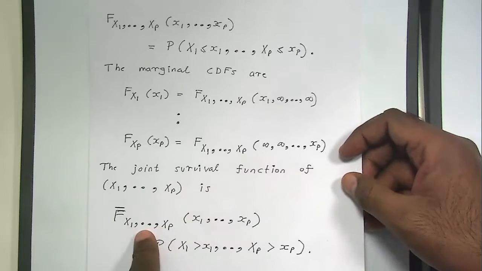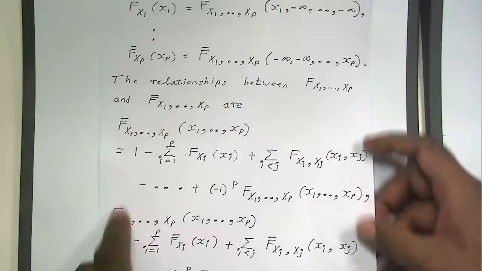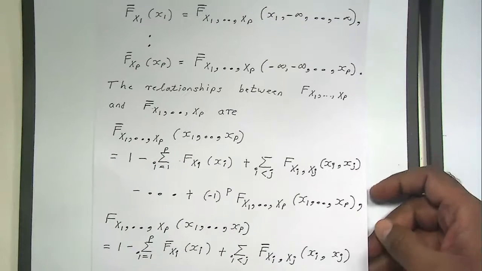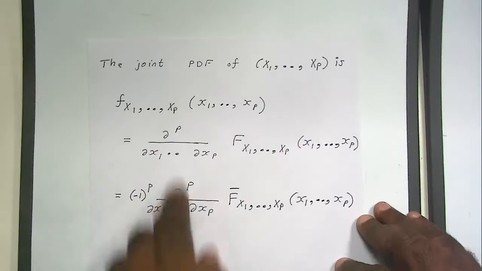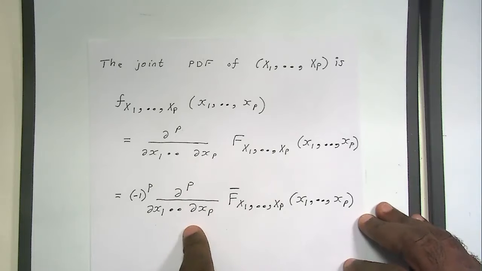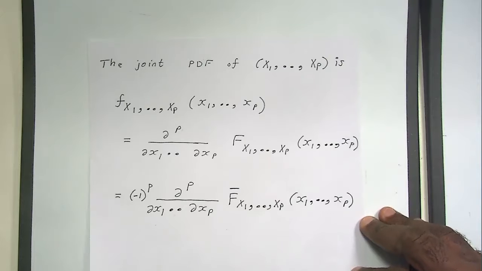This is the joint survival function, and these are the marginal survival functions, and these are the relationships between the F and the F bar, the joint CDF and the joint survival function. And finally, these two formulas show you how to derive the joint PDF either from the joint CDF or the joint survival function.